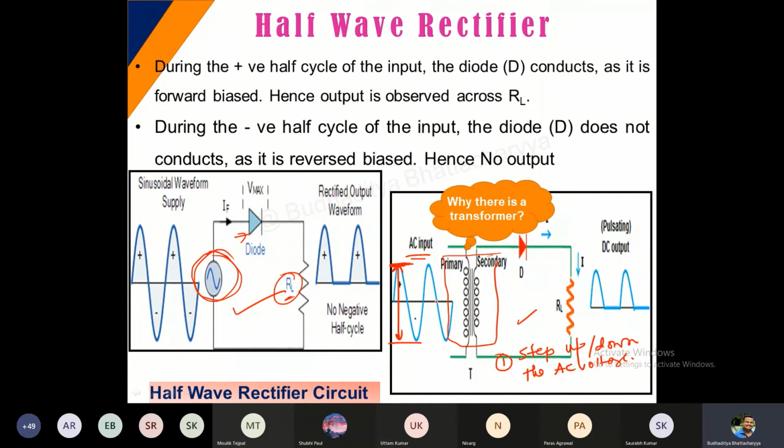That will damage the circuit if there is no transformer. Transformer is like a buffer. It will hold the whole circuit from getting damaged. So the step up and step down process of the AC voltage will help make sure that no damage is done to the end circuit. Understood? That is why transformers are used.